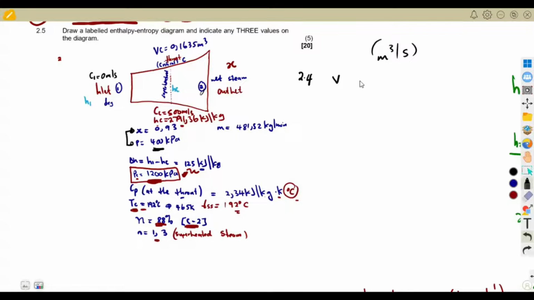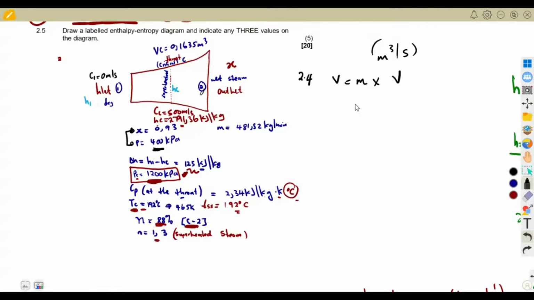In order for us to have this volume in cubic meters per second, the flow rate is going to be given as the mass per second, times the given volume at the exit.